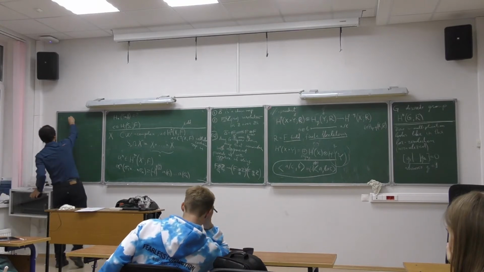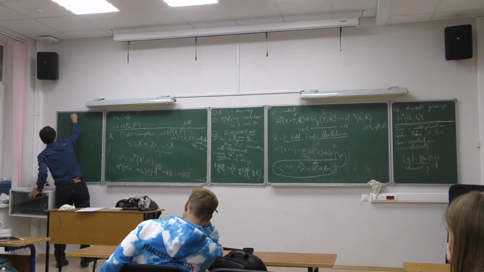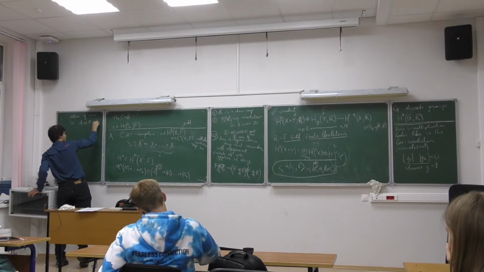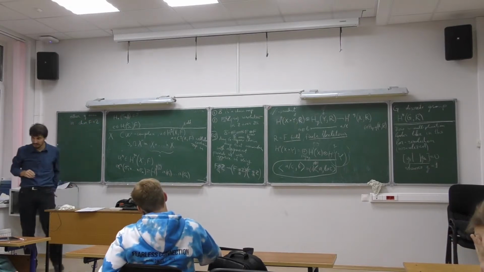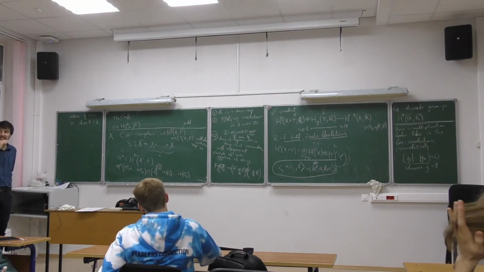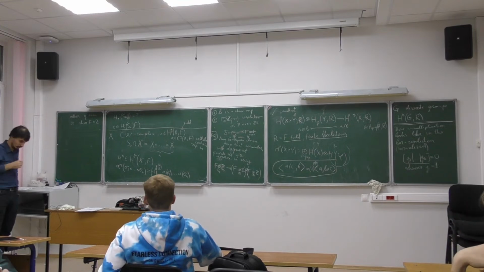So we assume that either q is even or the characteristic of F is 2. This is just a technical assumption. Then this A is truly invariant. And what can we do?